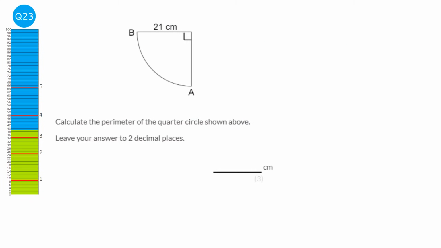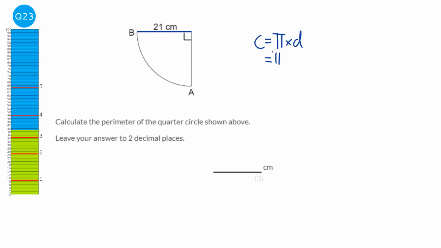The first thing we can do is work out what the circumference of the full circle would be. Obviously we haven't got a full circle here, but what the circumference of the full circle would be had we got a full circle. So that's going to be pi times the diameter. The diameter is twice as big as the radius, and this 21 centimeters here is the radius of a full circle.